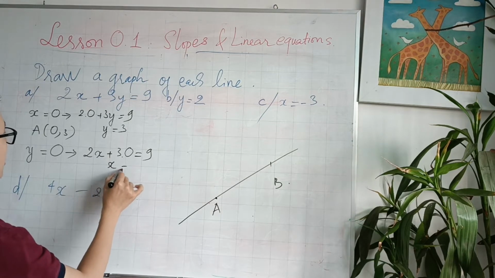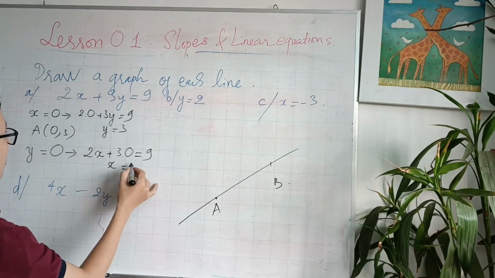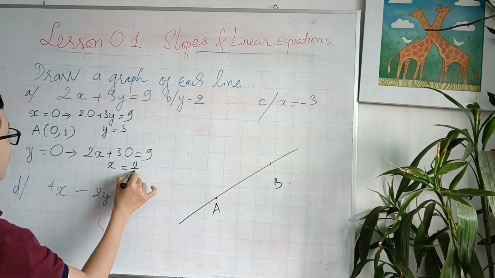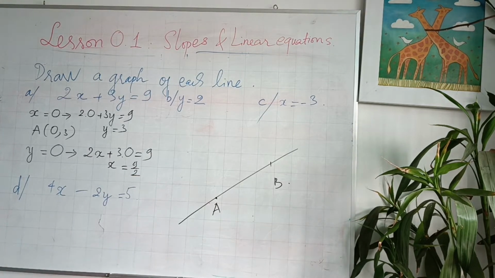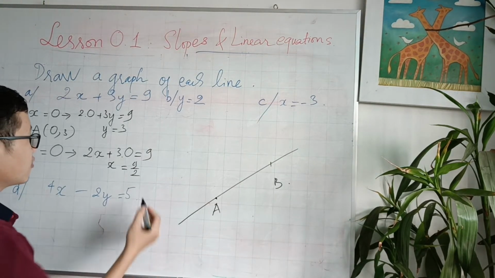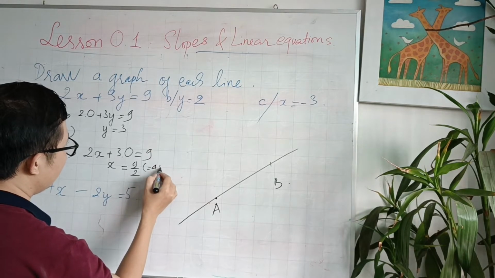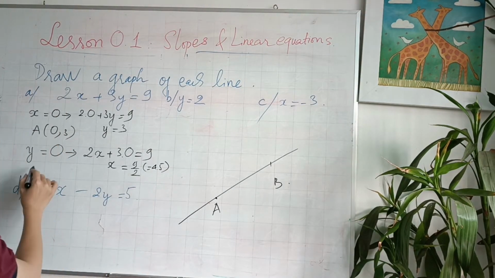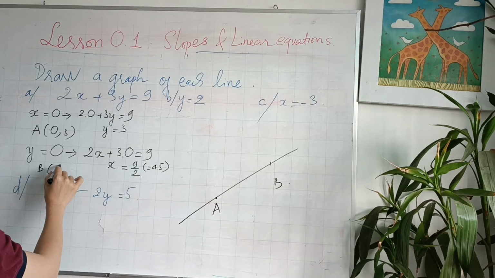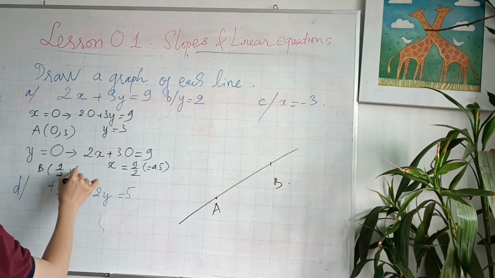So x equals 9 over 2, or in decimal form, 4.5. So the point B is (9 over 2, 0).